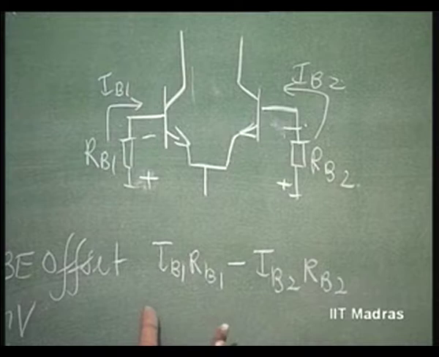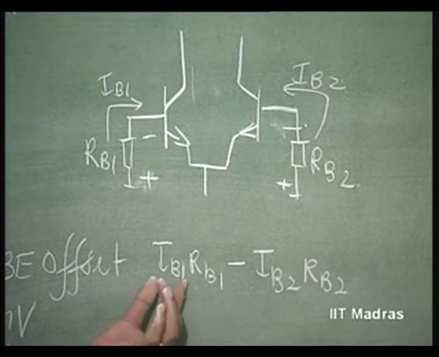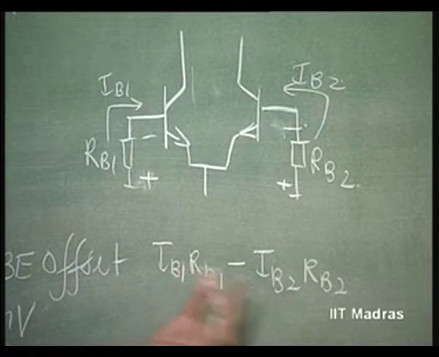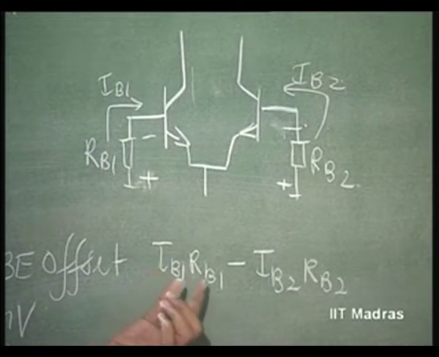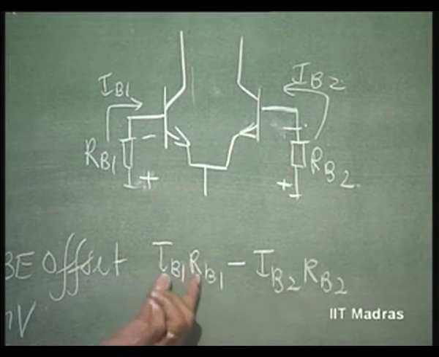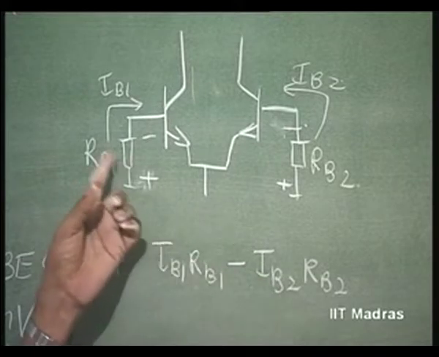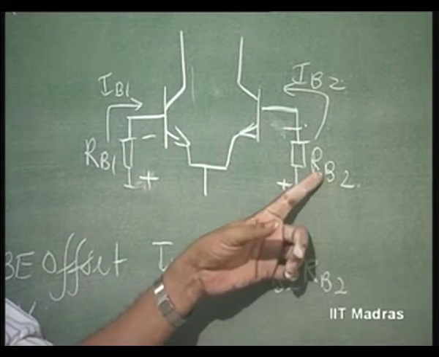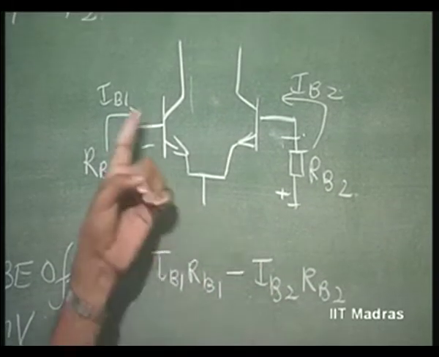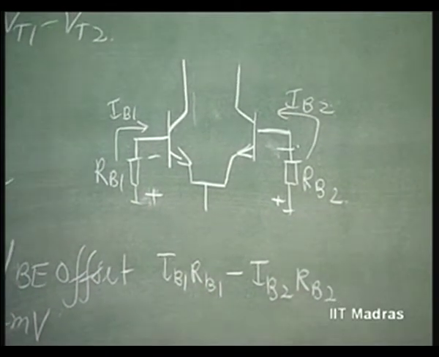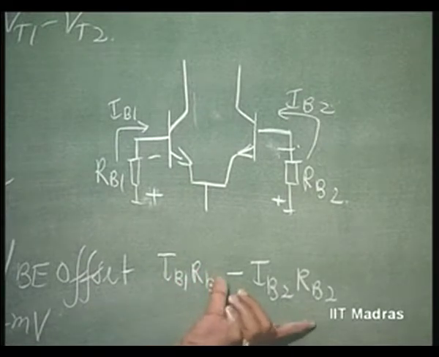This is the differential voltage. If IB1 is the same as IB2, and RB1 is the same as RB2, this voltage is 0. RB1 and RB2 are external resistances that are put. So, even if IB1 and IB2 are not equal, we can choose these resistances in such a way that this whole difference is equal to 0.